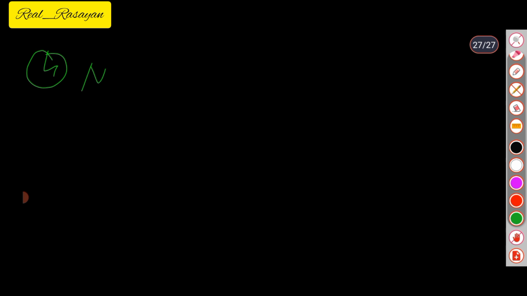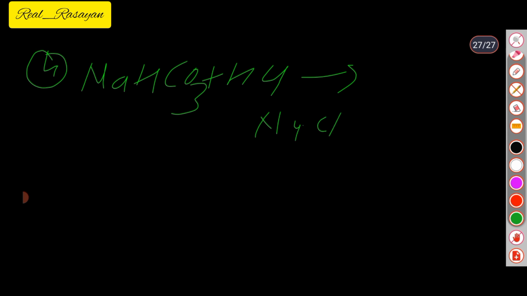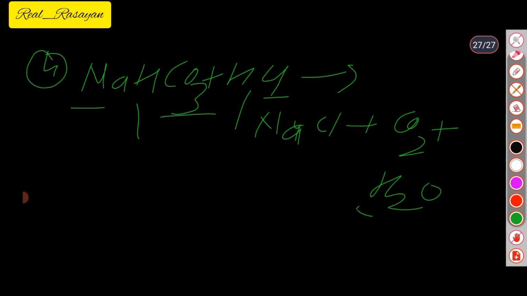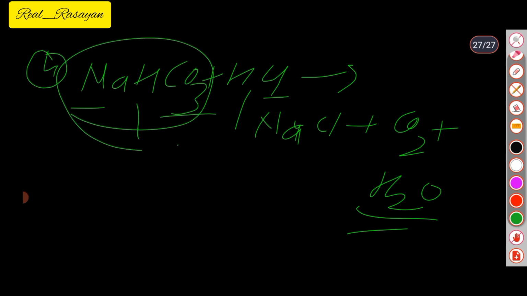Next point, with metal bicarbonate, acid gives salt, carbon dioxide, and water. So no need of balancing during the reaction of acid with the bicarbonate.